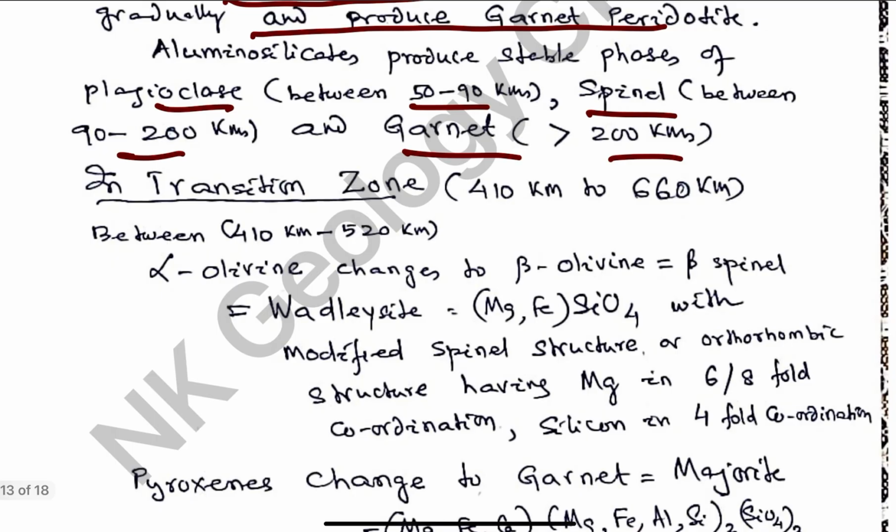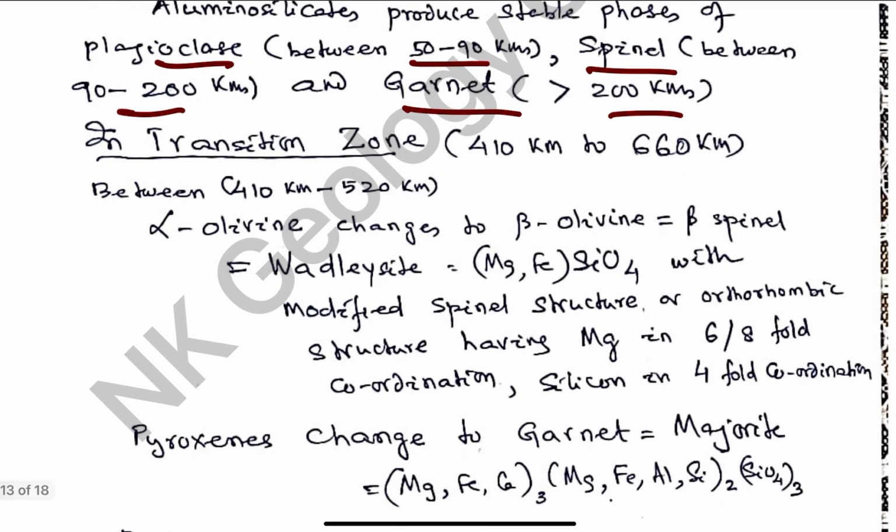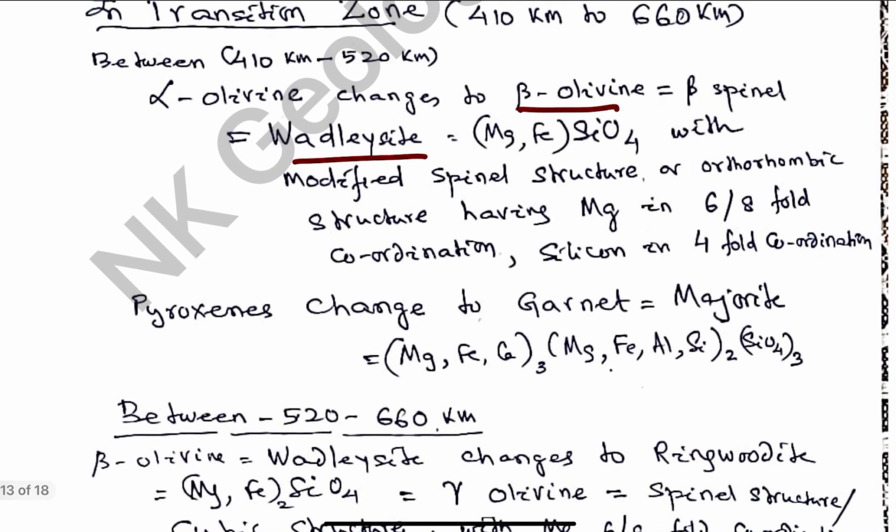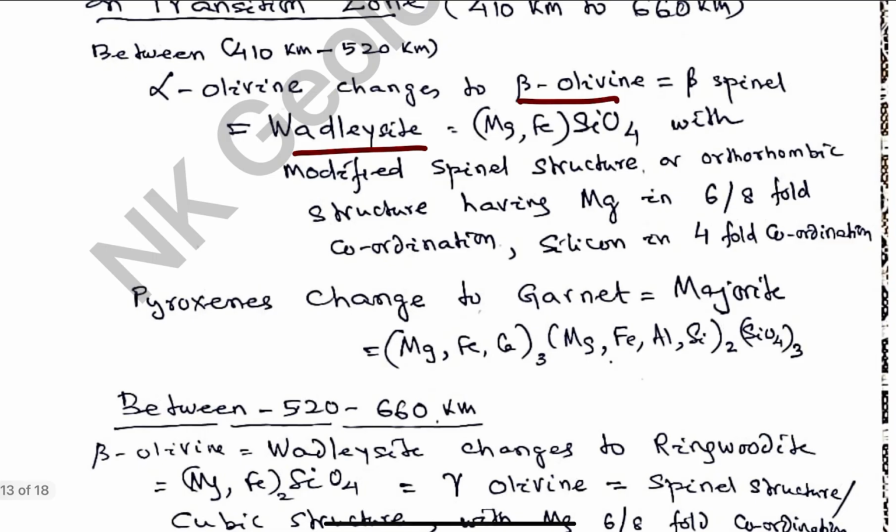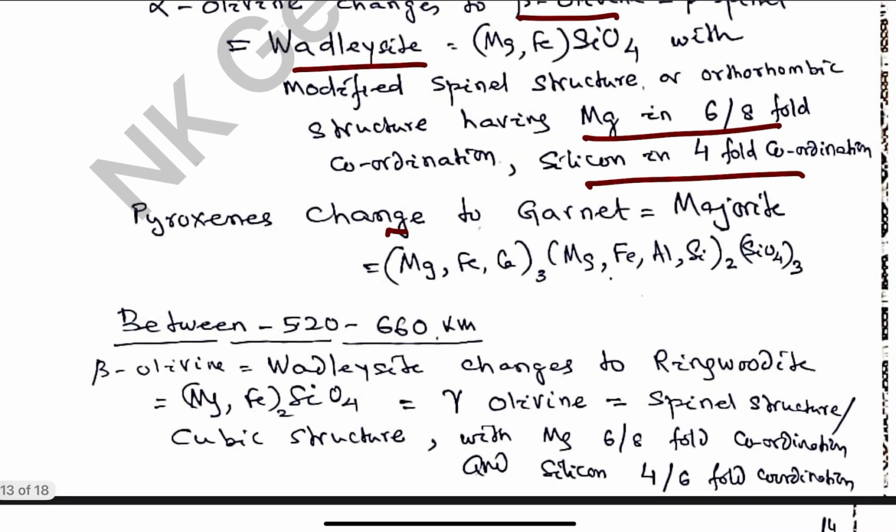So in the transitional zone, there is a very abrupt rise in the seismic velocity because of the formation of denser minerals such as alpha olivine changing to beta olivine or wadsleyite, where magnesium is in 6 or 8-fold coordination, silicon is in 4-fold coordination. Pyroxene changes to garnet, that is majorite, having this composition.